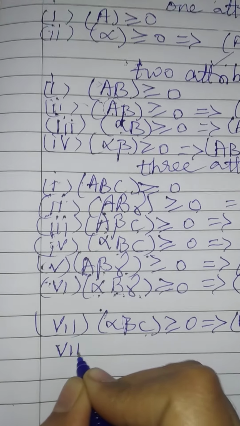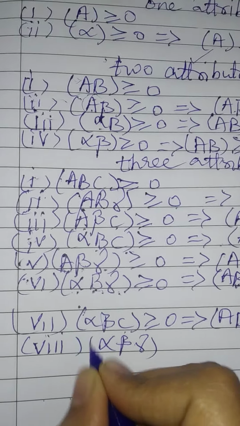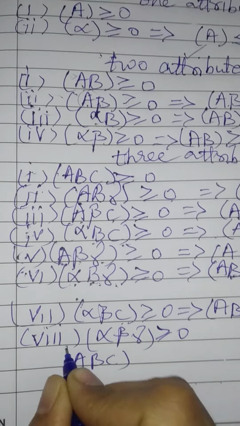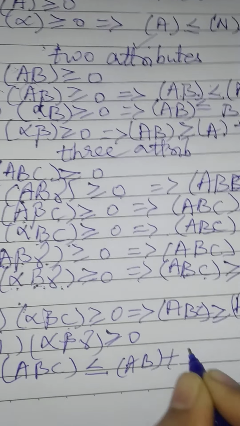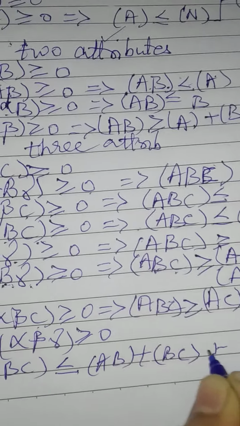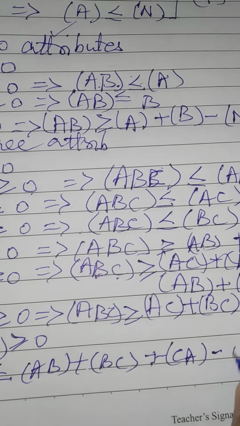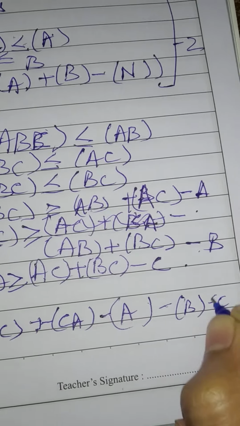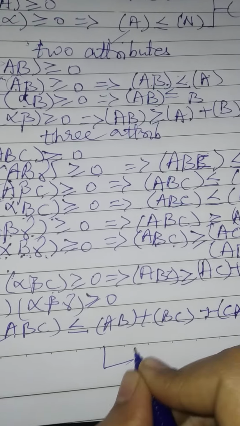Then the eighth one is, if you have alpha, beta and gamma here greater than or equal to 0, you will be writing it as ABC in bracket less than or equal to AB plus BC plus CA, minus A, minus B, minus C, I am writing here, plus N students. This is for 3 attributes.